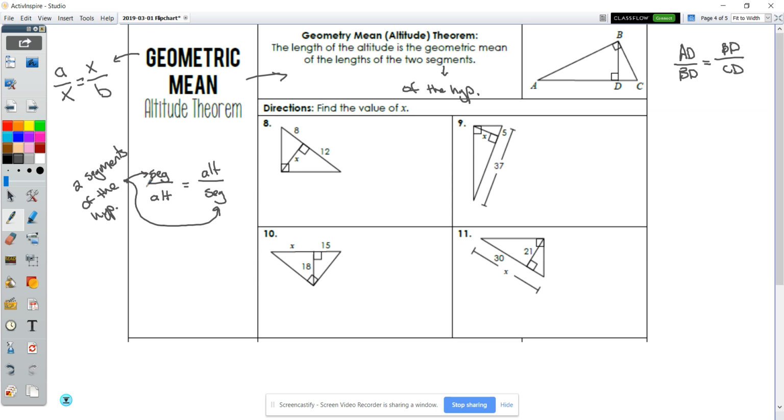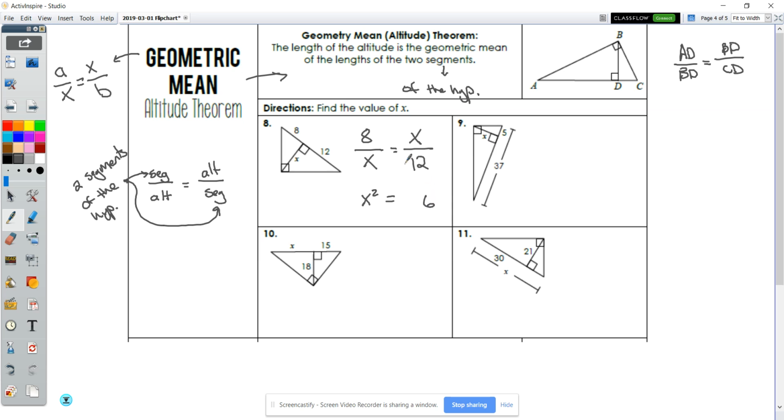Okay, so if I'm following this pattern here or here, and I look at this, the altitude, which is x, equals, right? We've got the two segments of the hypotenuse. The two segments are 8 and 12, so I can put an 8 and a 12. So this is what I can do to solve for x. x squared equals 8 times 12, let's see, what would that be?